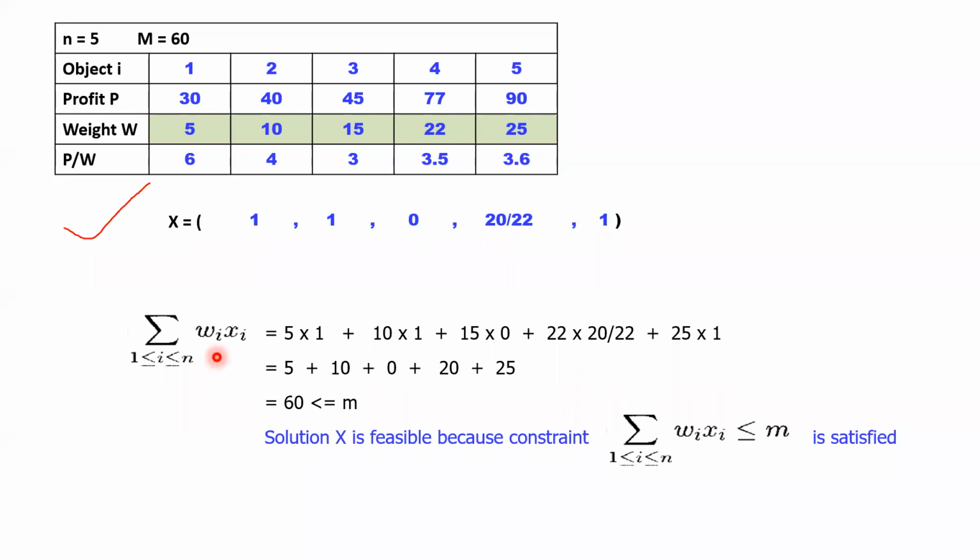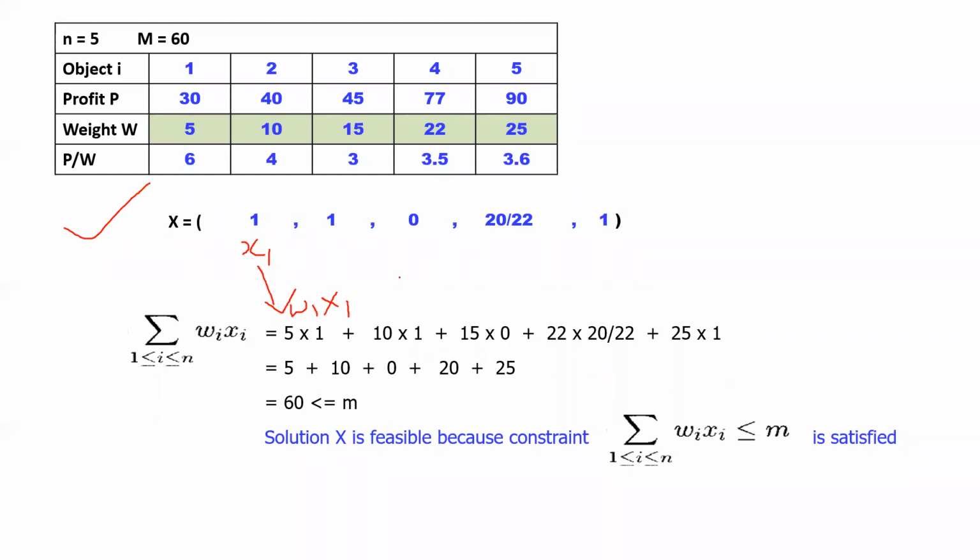Now I'll calculate the sum of weights. So for this, I'll start calculating. This is X1, the first object, which is fully filled, so that will be 1 into its weight. This will be W1 into X1.